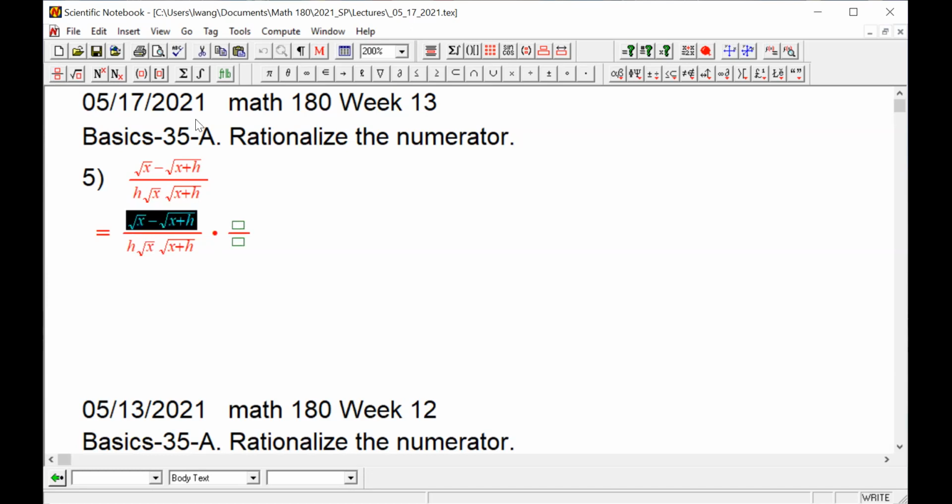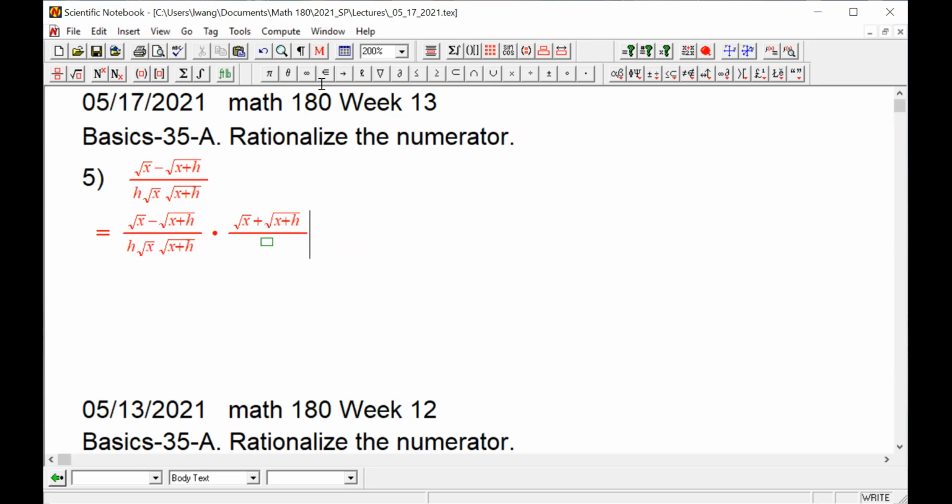And what is the conjugate of the numerator? The numerator was the square root of x minus the square root of x plus h, and its conjugate will be the square root of x plus the square root of x plus h.